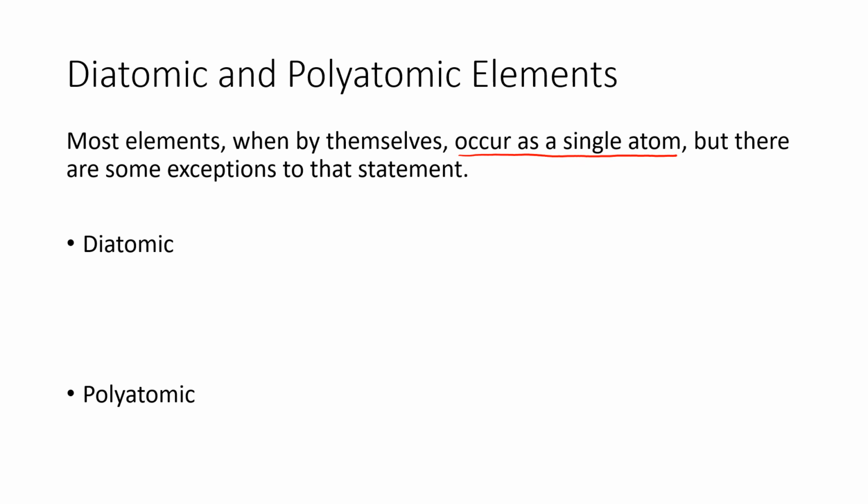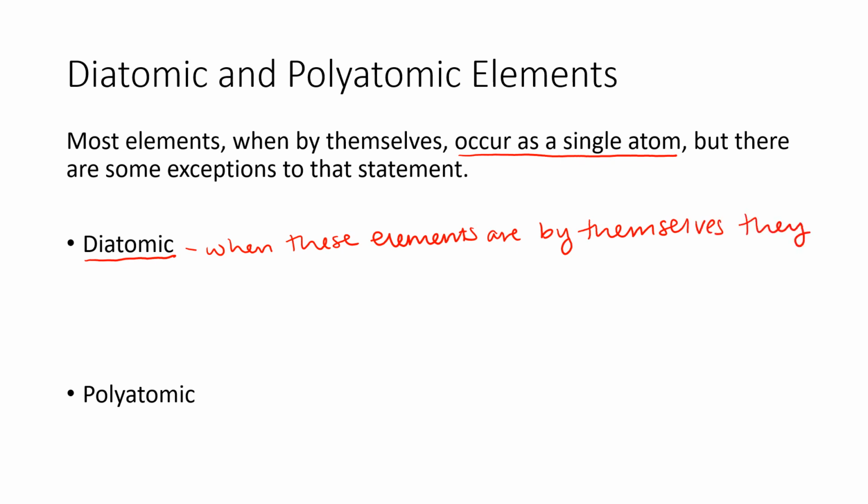So the first thing we're going to learn about are what we call the diatomic elements. And what this means is that when these elements are by themselves, they come in pairs. So they pair up with another atom of the same element.